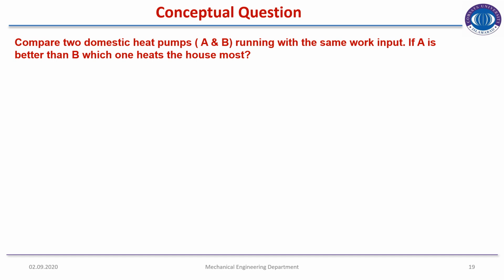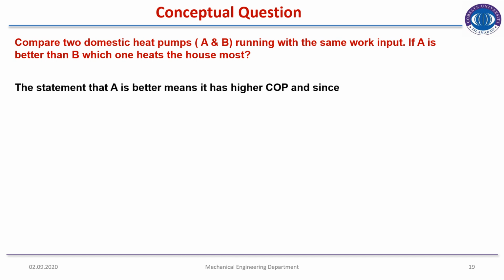So they are used to heat the house, and in the question we are asked to compare two domestic heat pumps running with the same work input. So the work input or energy input is the same for both.